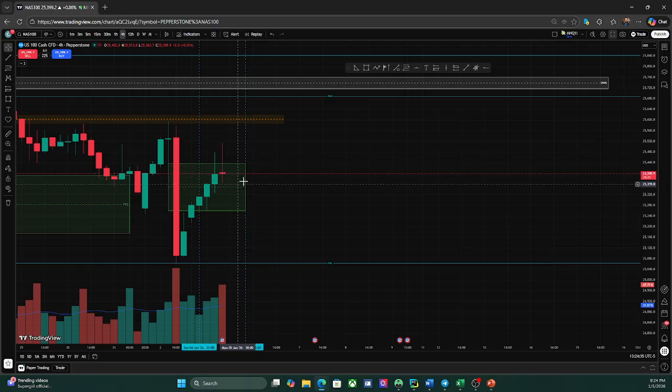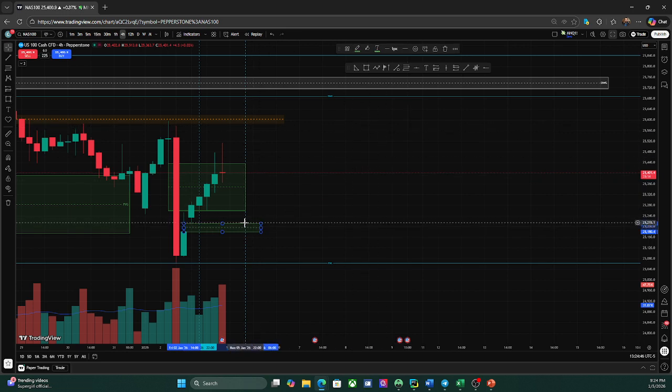Why is it reversing? Well, something I notice here is that we now have a real weekly opening gap, right?